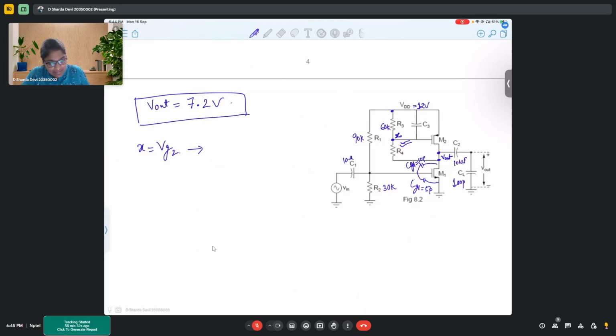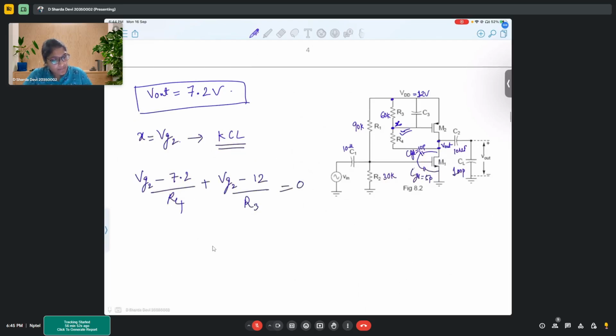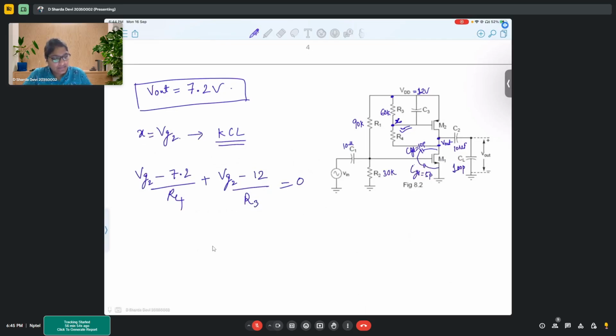So the KCL would be VG2 minus 7.2 by R4 plus VG2 minus 12 by R3 equal to 0, because there won't be any gate current, so this current is 0.